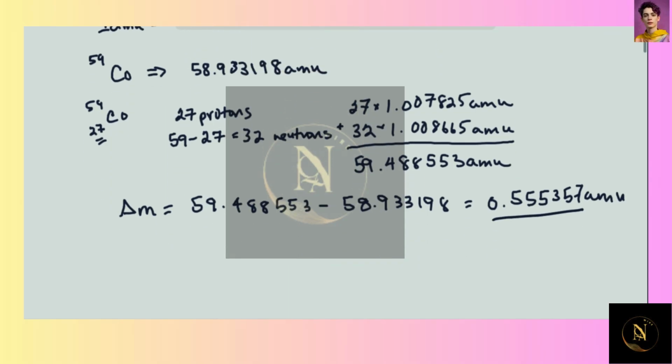Now that we know our mass defect, we can change that to electron volts, because there are 931.5 mega electron volts for every 1 atomic mass unit.